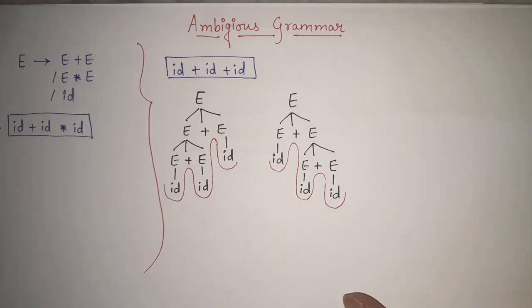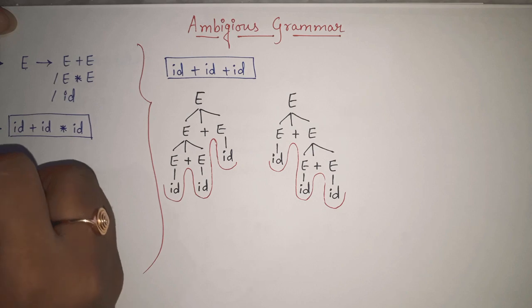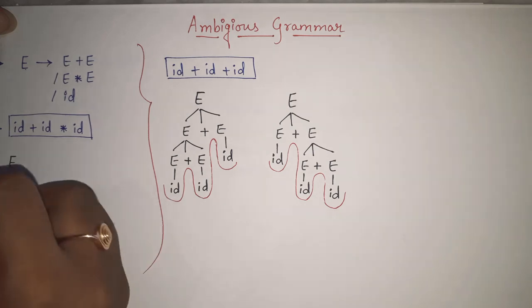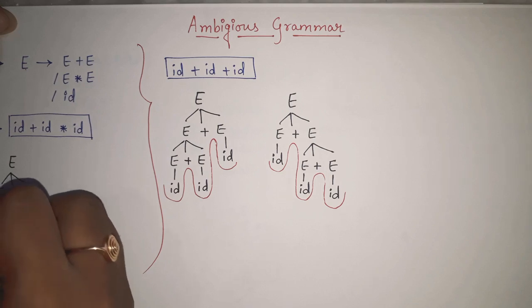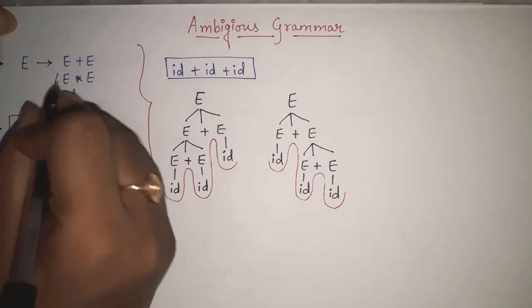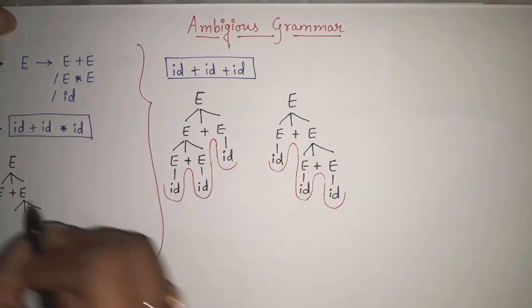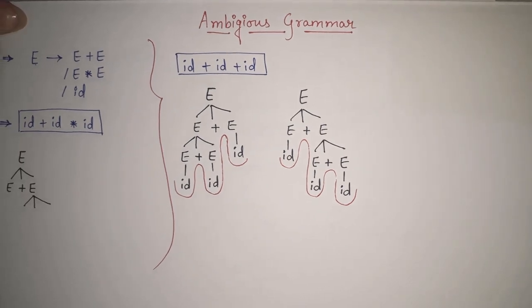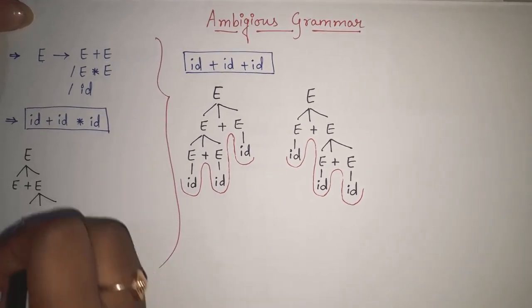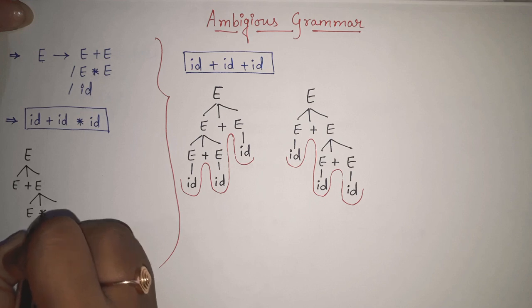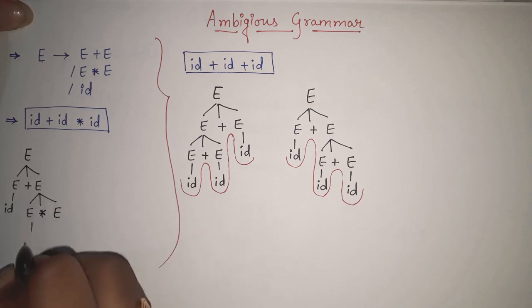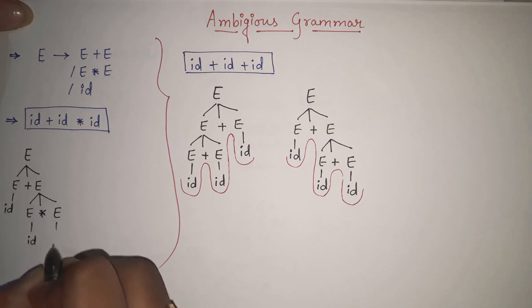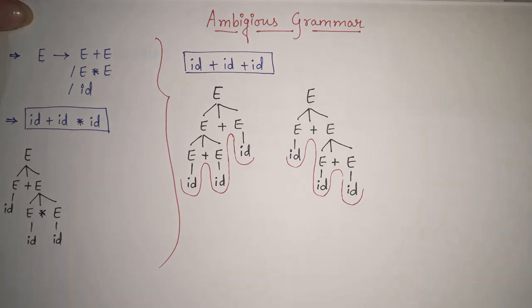In this case, if I start with E, first let's take E gives E plus E. Now again E gives E star E. Now this E gives id, this E also gives id, and this E also gives id.